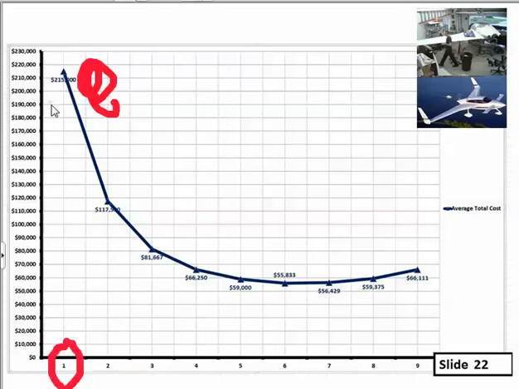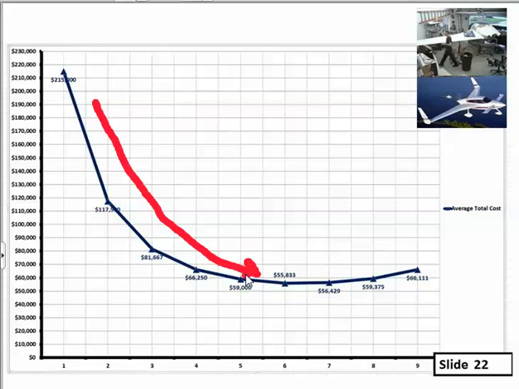If you produce one airplane, it has to bear all of the fixed cost plus its variable cost, so it's going to be a fairly high number. Now, as we produce more and more units, airplanes, we spread that fixed cost over more and more units.